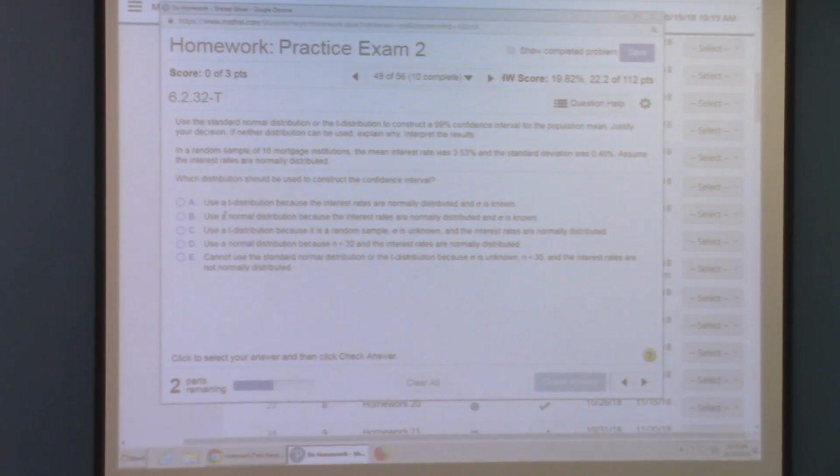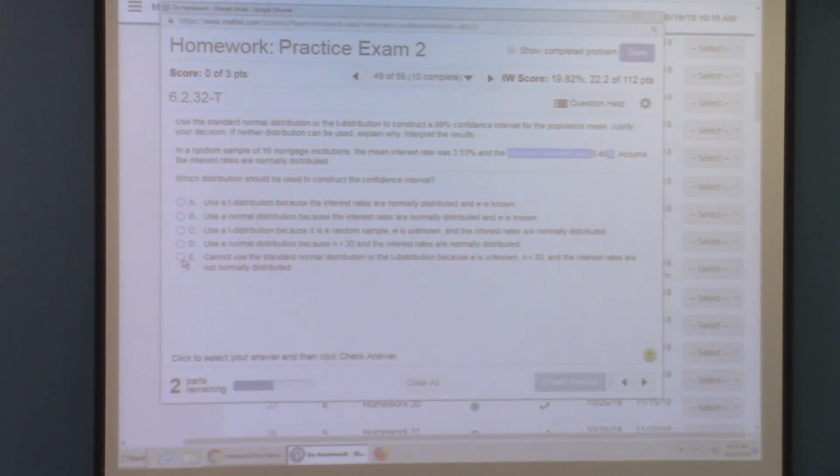So you use a T distribution when sigma is unknown. Like in this case, sigma is not known. So this standard deviation that you have been given here is the sample standard deviation, right? Population is the keyword. If you don't see population standard deviation, then you understand that to be sample standard deviation. So when sample standard deviation is given to you, your sigma is unknown.